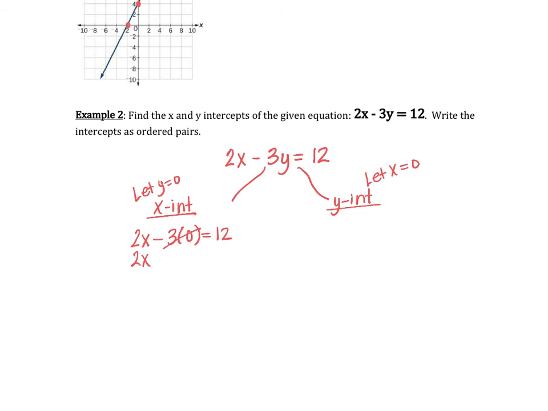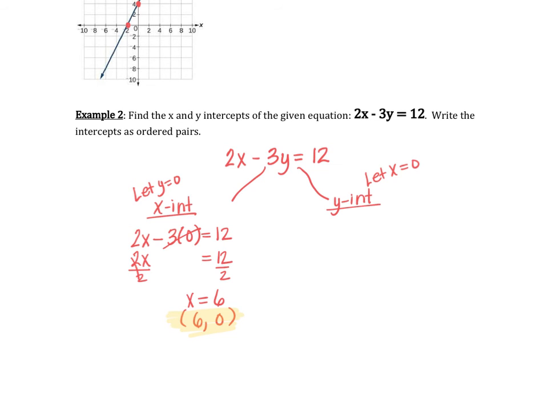It really cancels out. Equals 12. And then you just solve one step to get x. You divide both sides by 2. And you end up with your x-intercept of 6, which as an ordered pair is 6, 0. So there is the first answer.